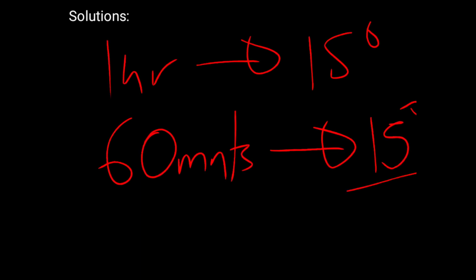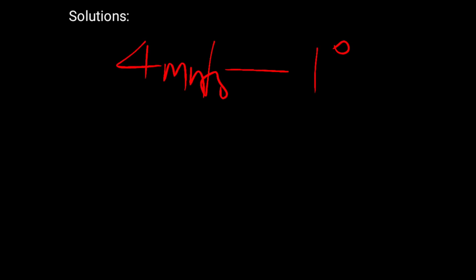So if we divide by 15 degrees over 15 degrees, we are simply going to have 1 degree is 4 minutes. So this tells us that 4 minutes is equivalent to 1 degree.